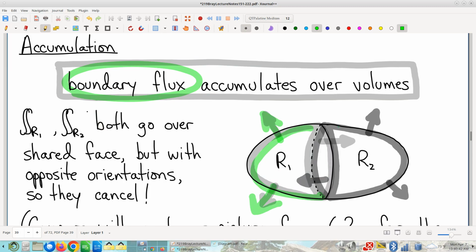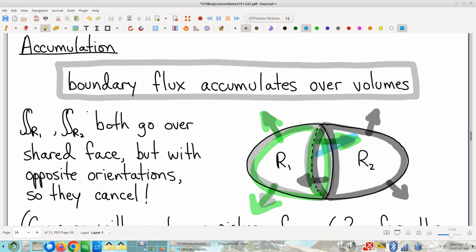And then there's also going to be the cut face there, a piece of surface there, and therefore flux away from R1 through that piece of boundary surface also. So there's boundary flux on the left.